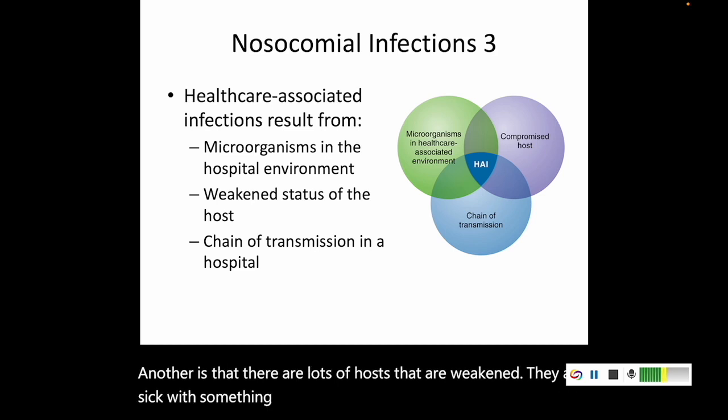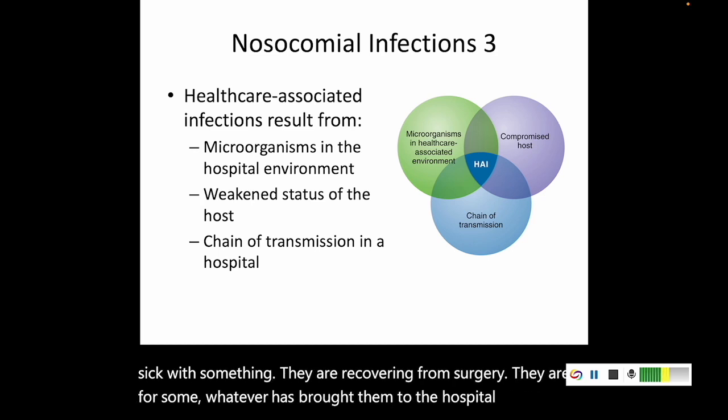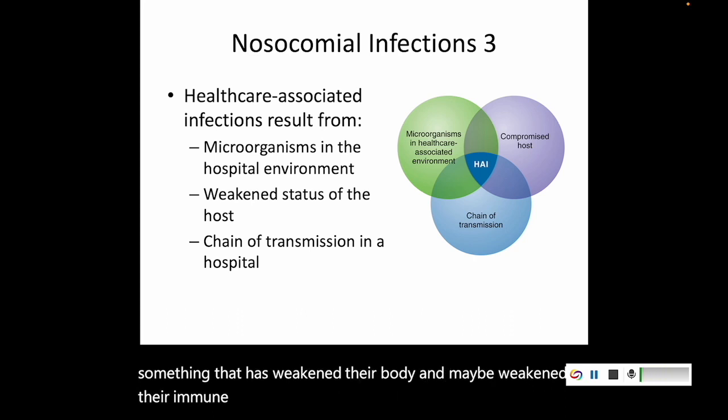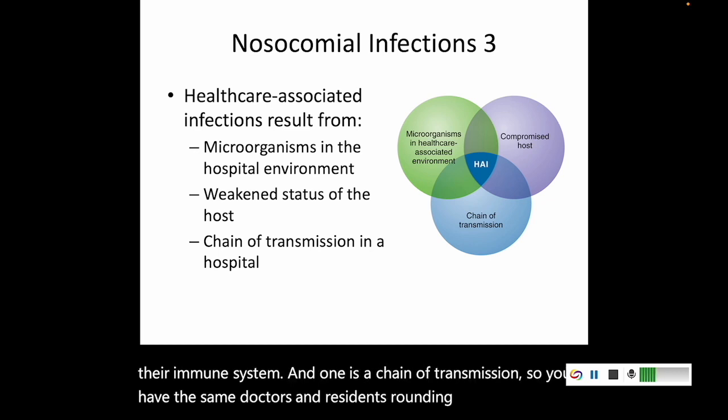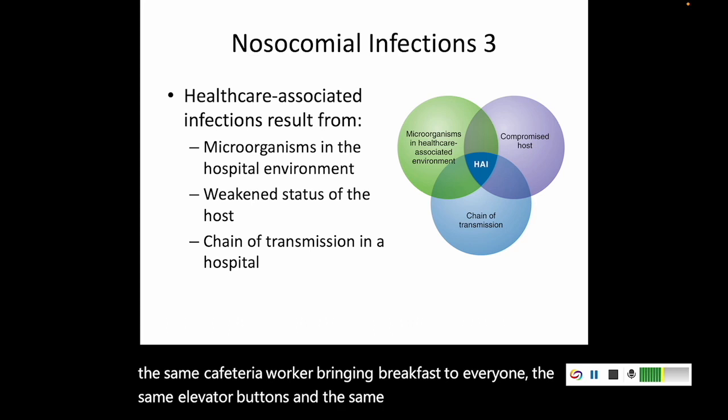They are recovering from surgery. For some, whatever has brought them to the hospital is probably something that has weakened their body and maybe weakened their immune system. And one is a chain of transmission. So you have the same doctors and residents rounding on all the patients, the same cafeteria worker bringing breakfast to everyone, the same elevator buttons, and the same airflow going to all the rooms.